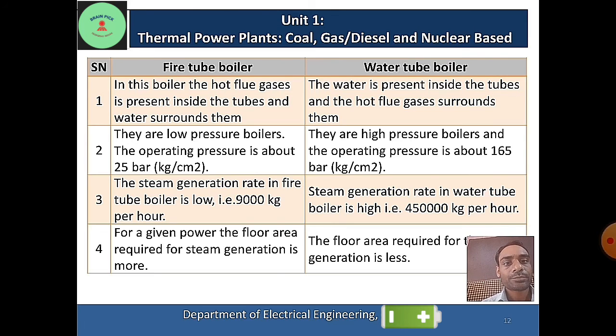Third point, the steam generation rate in fire tube boiler is low, that is 9000 kg per hour, and in water tube the steam generation rate is higher, that is 4,50,000 kg per hour. And for fire tube boiler, for a given power, the floor area required for steam generation is more, whereas for water tube it is less.